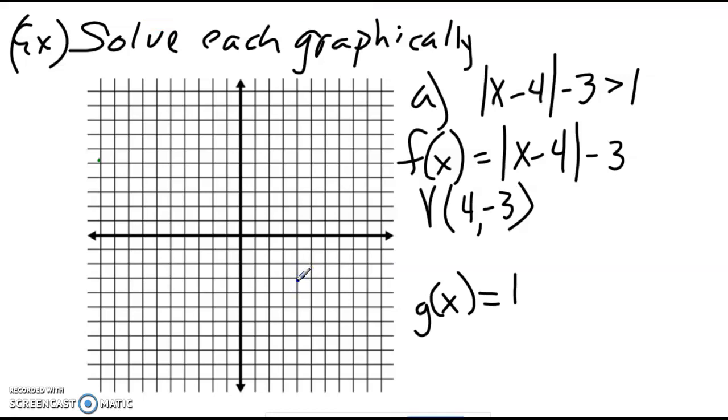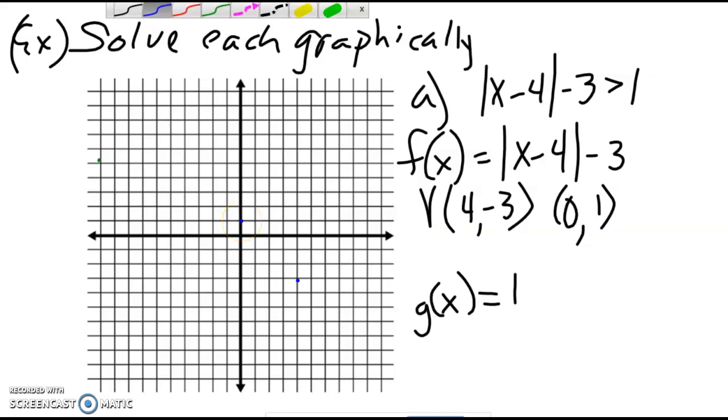Now, to find another point, Anna, what do we want to use for x? 0. Okay. So we plug in 0, and when we do that, we're going to get 1. So we're going to plot that point now.